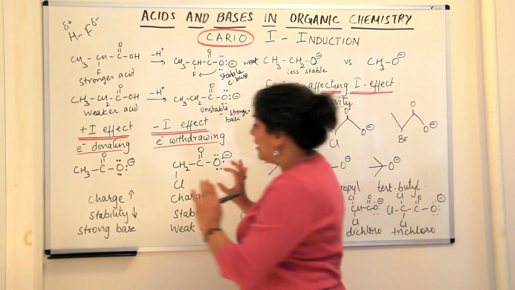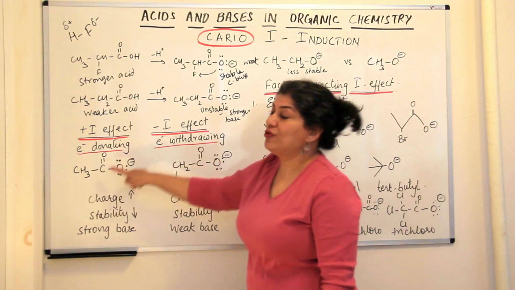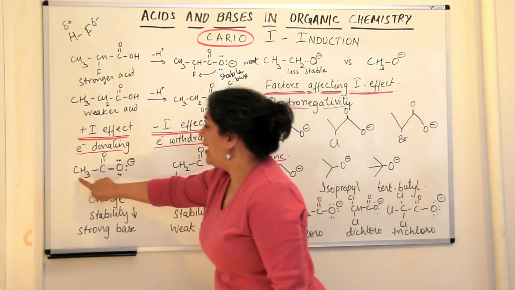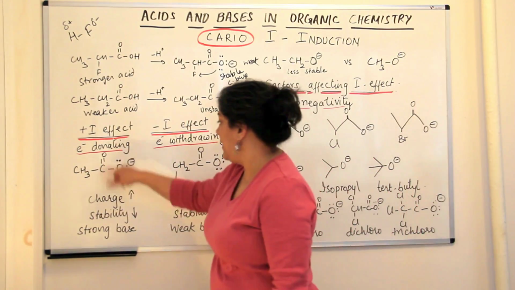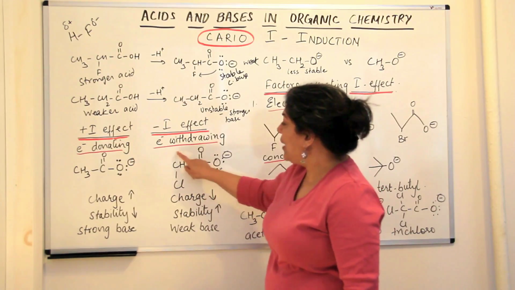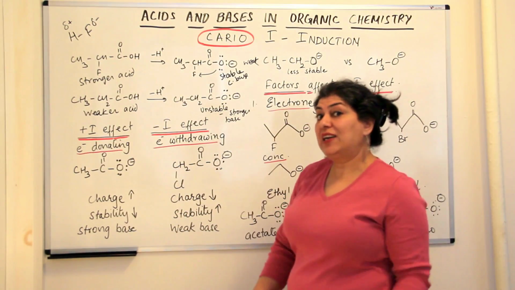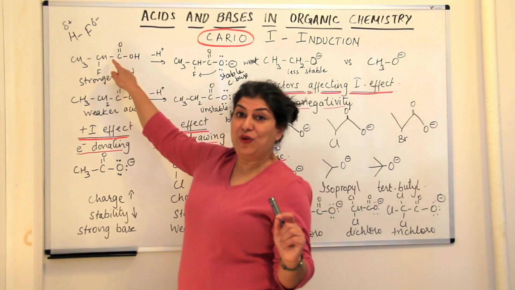But when we look at it closely now, we notice that we can use induction to separate these two compounds. In this case, you have the methyl group attached to the carboxylic acid group. And here you have the chloromethyl group. A chlorine is attached, and chlorine is electronegative. It will have the same effect that fluorine had.